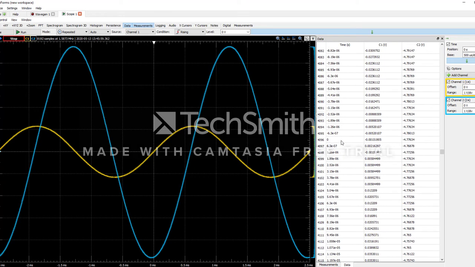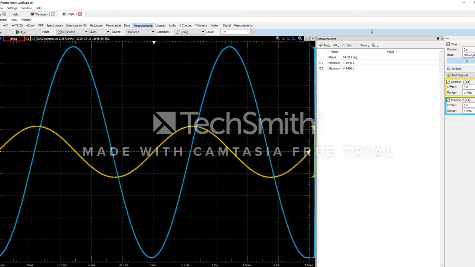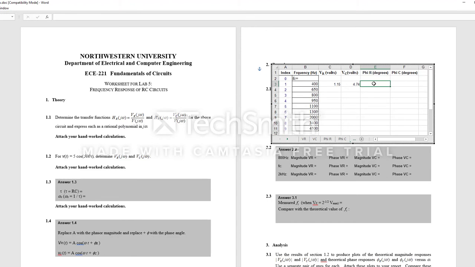There we go. It changes the sign from negative to positive somewhere very close to zero, which is practically zero. So it is actually perfectly in phase with the input voltage. So its phase is zero.